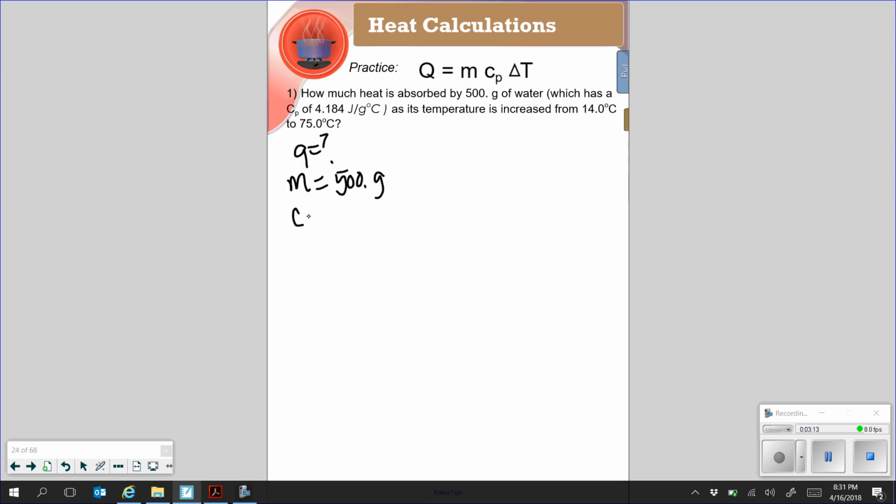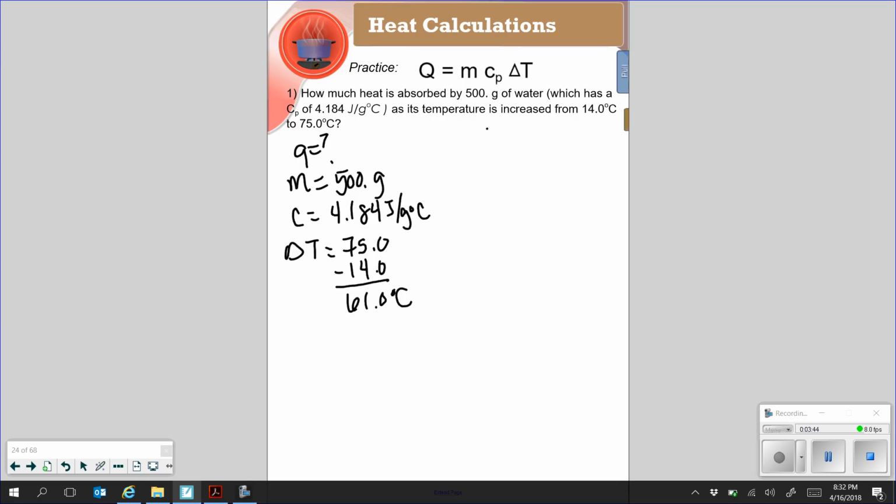My C value, as notated, is 4.184. And my change in temperature is going to be T final minus T initial. So in this case, if the temperature was increased from 14 to 75, it's going to be 75.0 minus 14. And I'm going to get 61.0 degrees Celsius. And it's important to note when I'm doing that, I follow the significant figures rules for addition and subtraction for that little piece of math.